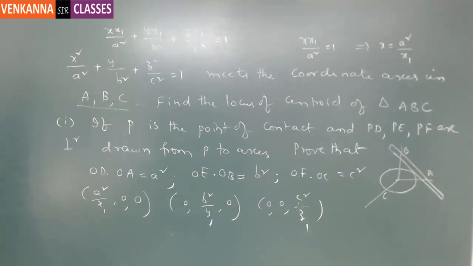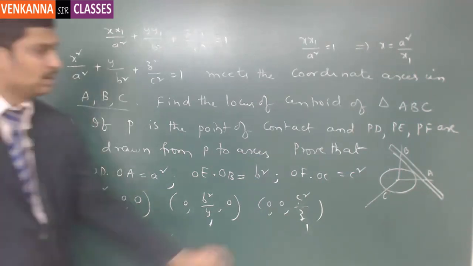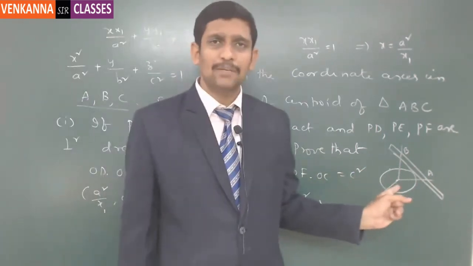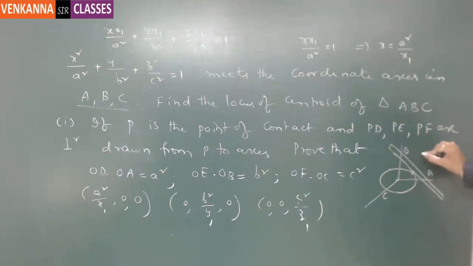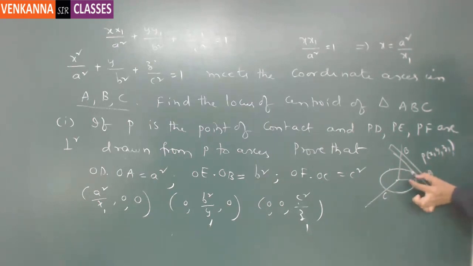Right. Now see, whenever you consider the tangent plane, it touches the conicoid at the point. This is the point of contact x1, y1, z1 for that tangent plane. So what happens? The point is common to the plane as well as the ellipsoid.